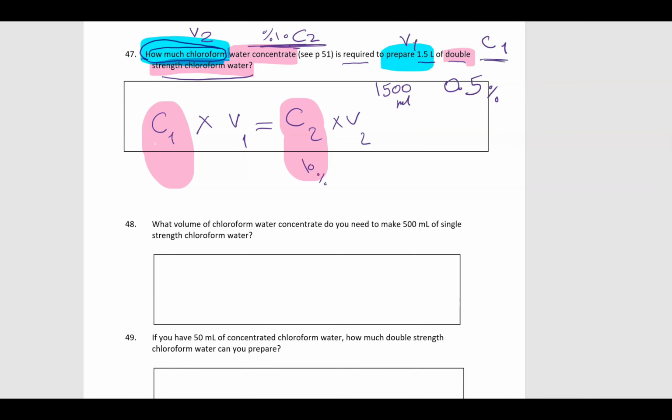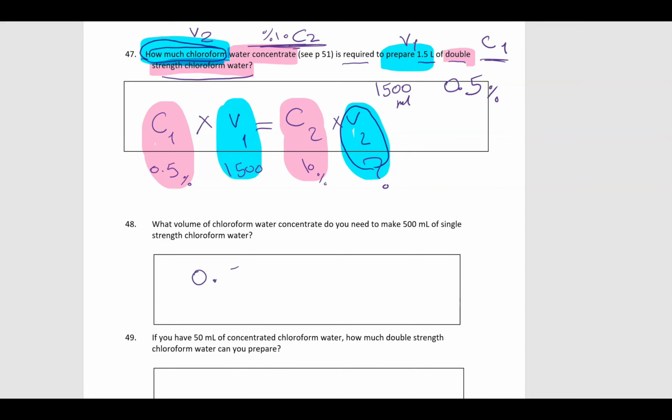First concentration is 0.5%. First volume is 1,500, and the second volume, that's the one we are looking for.